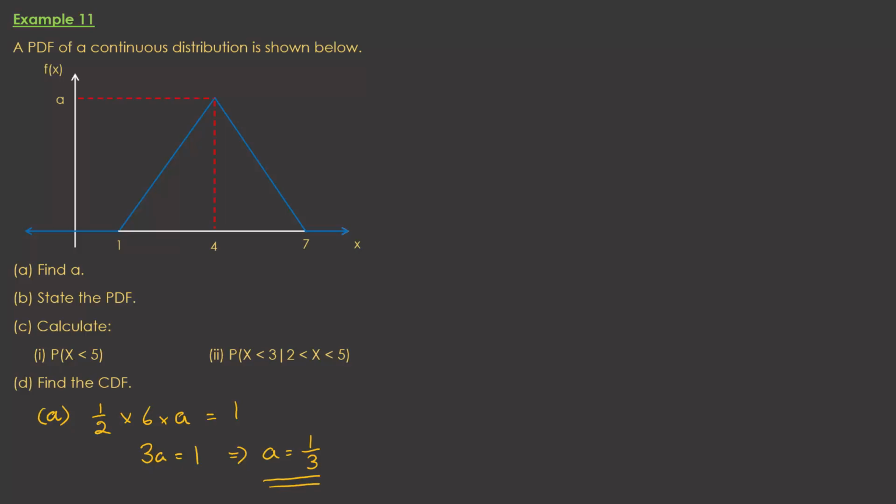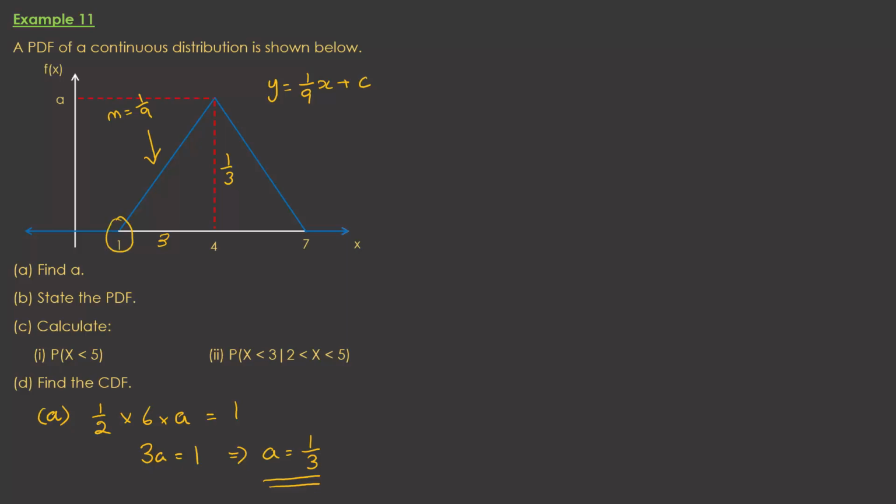So we now want to find the PDF. We know that the height here is 1/3. And this is 3, which means the gradient here is going to be 1/3 divided by 3. So it's going to be 1/9. So we can say that the equation of that line is y is 1/9 x plus some constant.